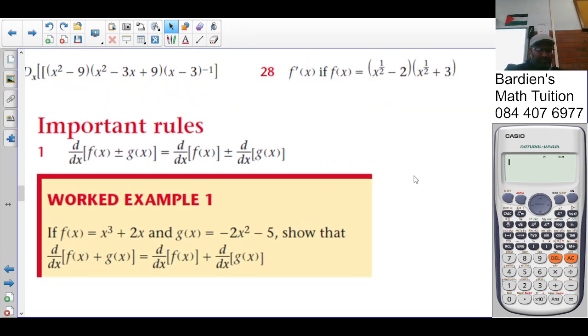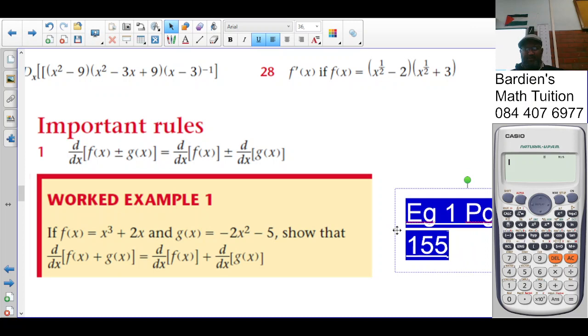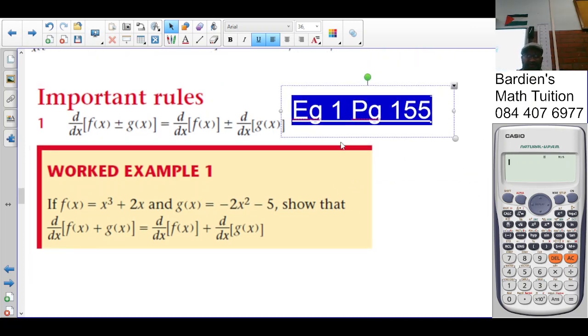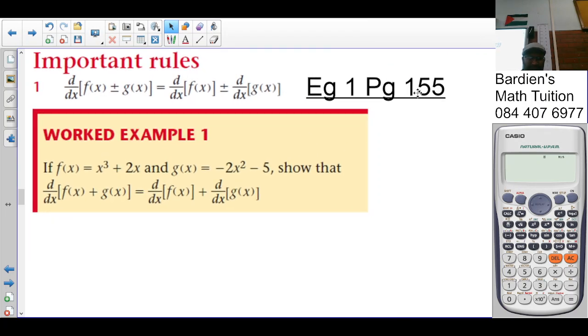These are the examples on page, example 1, on page, what page is this on? Page 155. Okay. It's an important rule that I want you to take note of here in this exercise. There's a few of them. Normally I don't do this, but okay, let's do it with you guys.